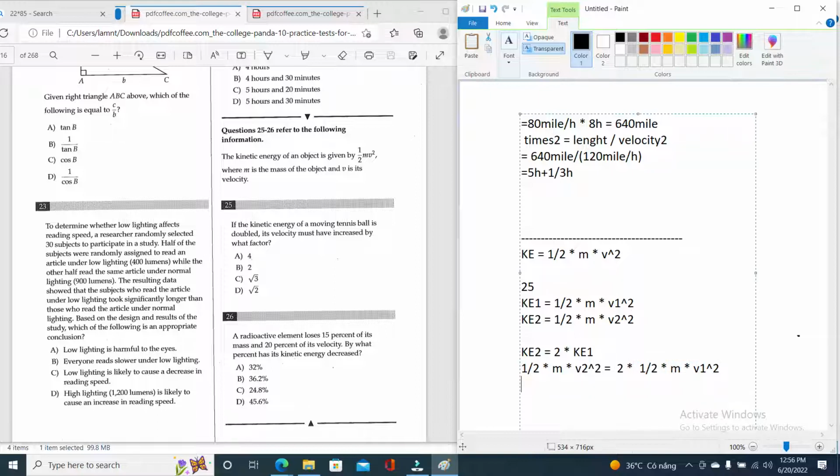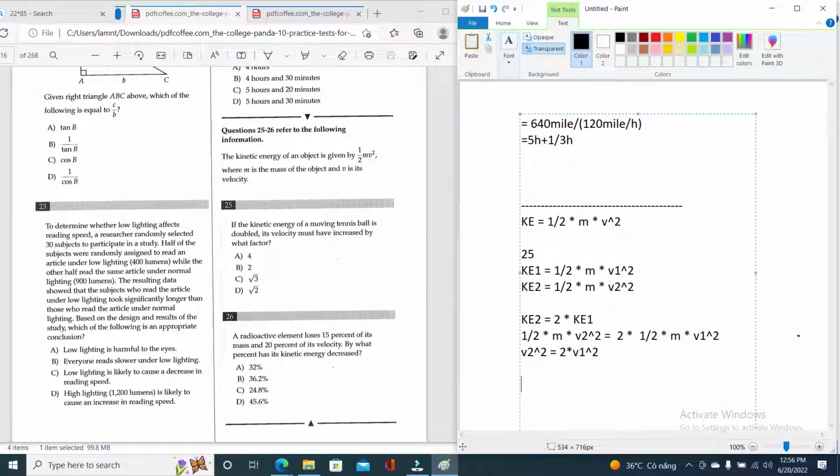So we have v2 squared equal to 2 times v1 squared. So v2 is going to be the square root of 2 times v1, because we take the square root of both sides. So it's D, right? It's D. Alright.